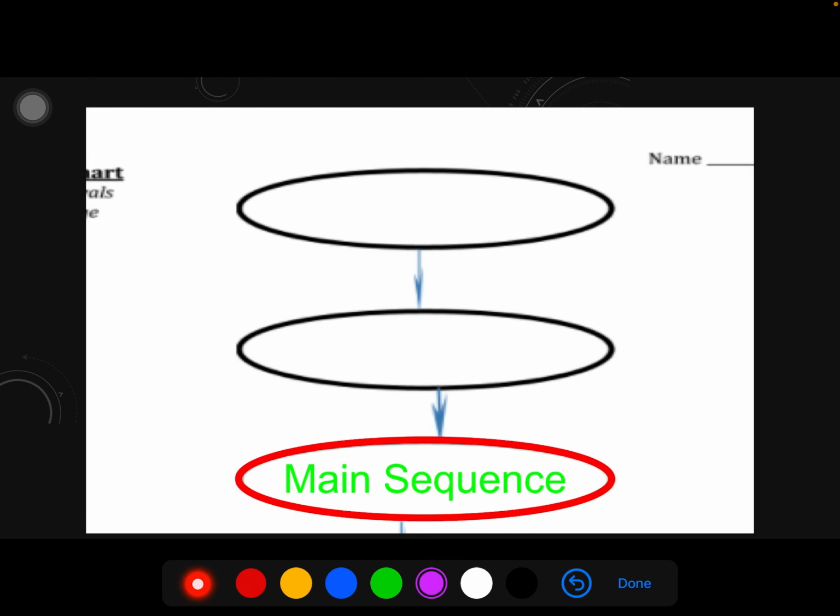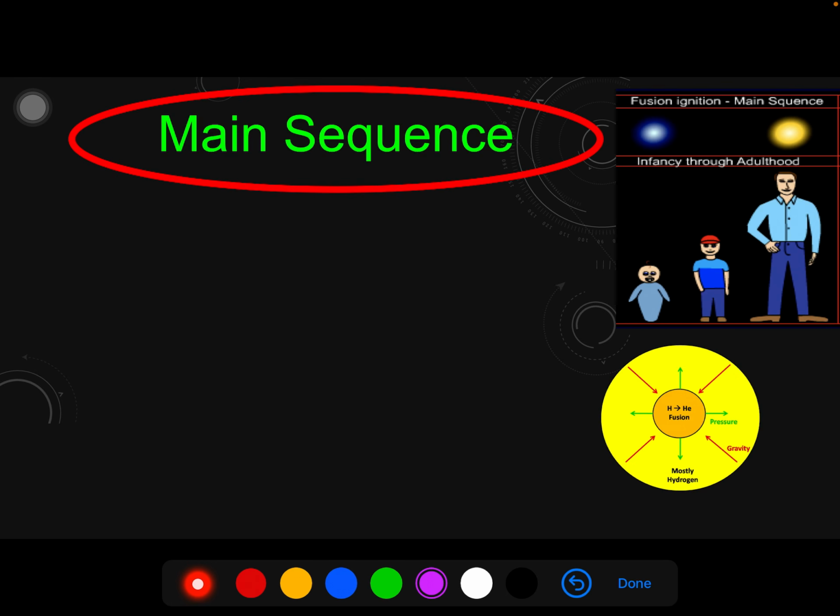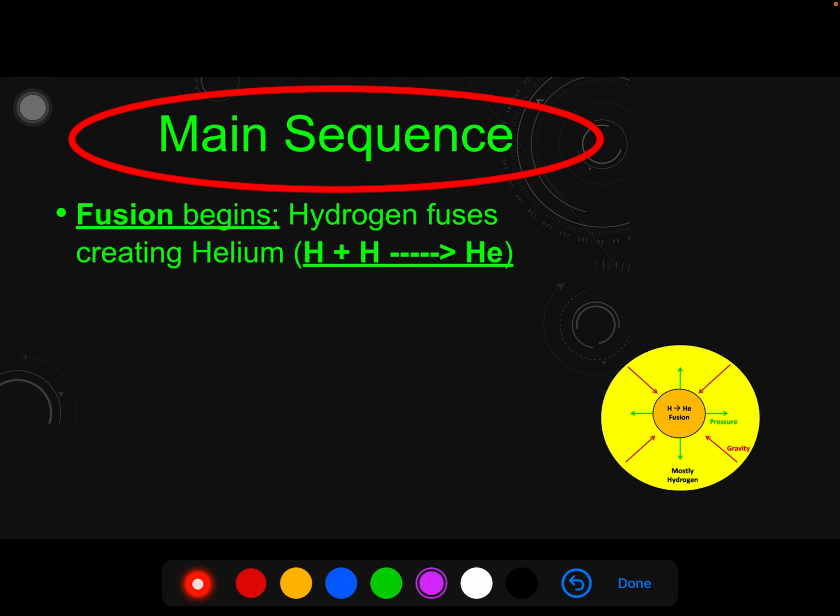Okay, then we get to the main sequence stage. So this is our third oval. Okay, the main sequence stage would be like infancy through adulthood. This is the main thing that's happening here.